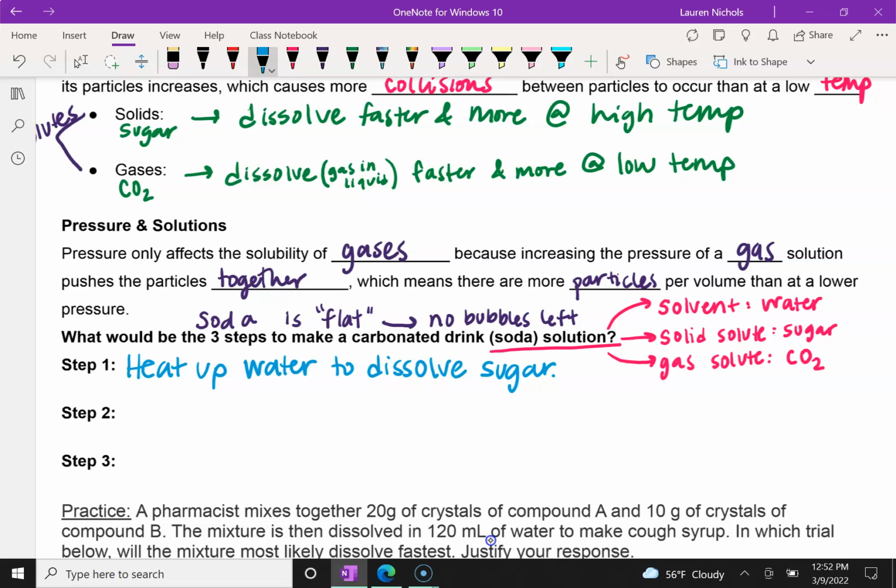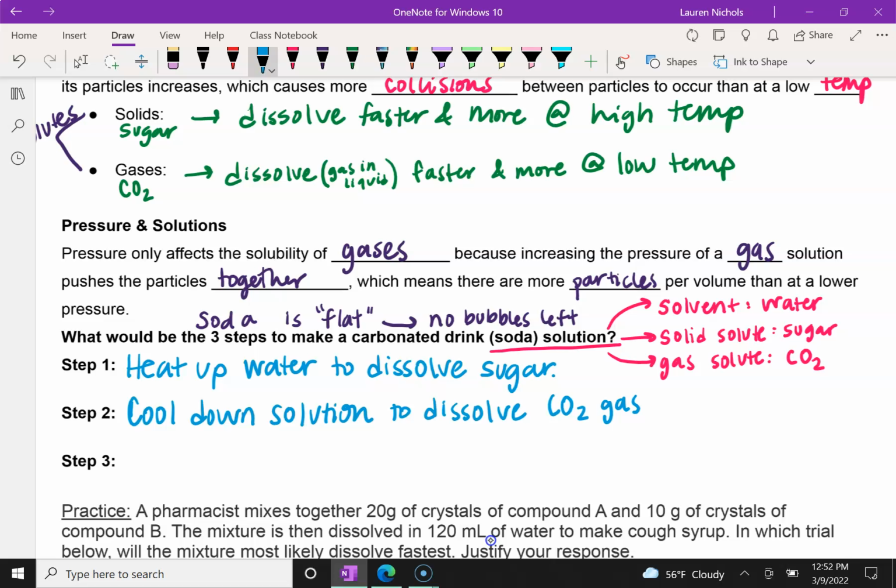But if we now want to add the gas, we can lower the temperature of the water and the sugar will remain dissolved, and that will make it easier to add the carbon dioxide. So we're going to cool down the solution, because it's not just water anymore, it's a sugar water solution. So we cool down the solution to dissolve the carbon dioxide gas.